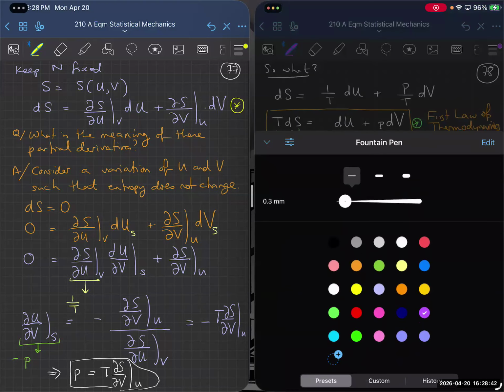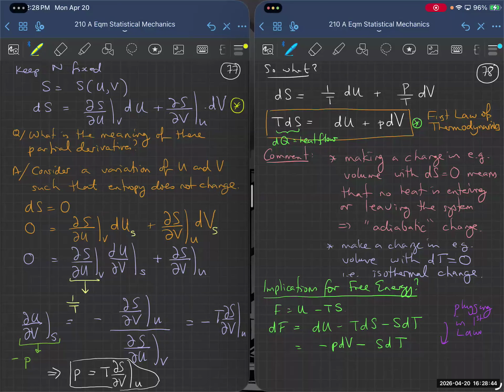And what that tells me is something interesting. This now tells me that if I'm looking at the derivative of the free energy, it depends on dV and it depends on T.